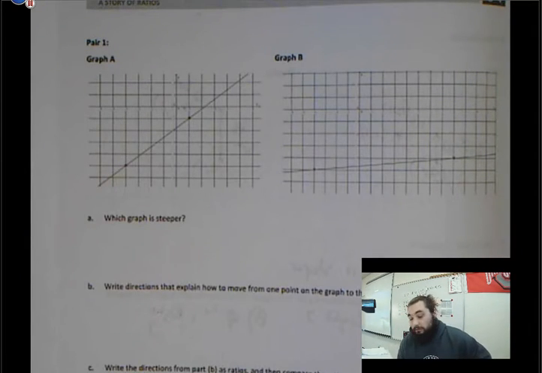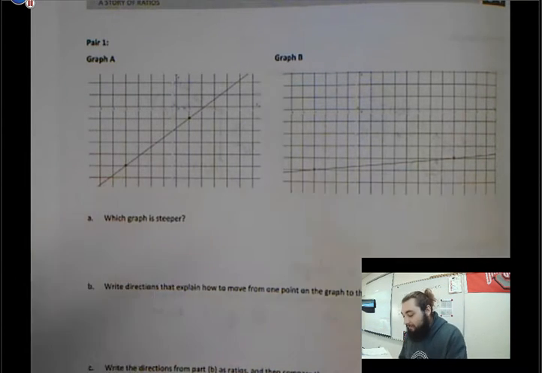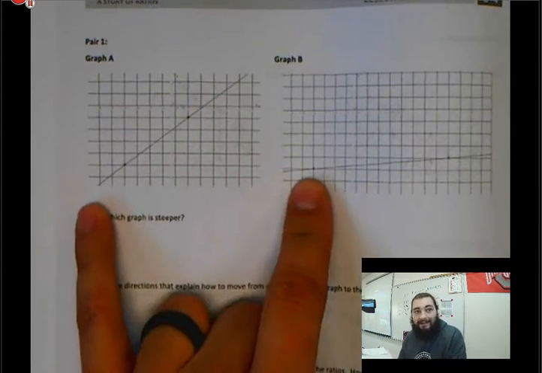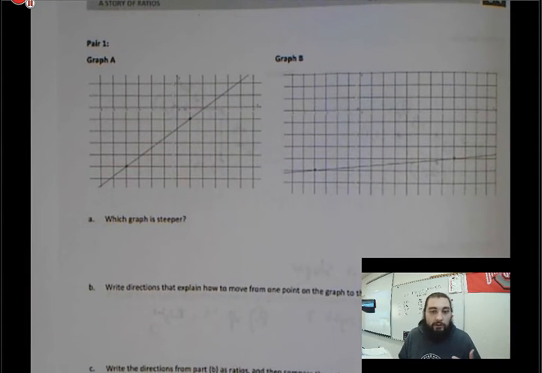And then making a couple of determinations, like which graph is steeper, how do you get from one point to the next, and what does that essentially mean? Asking about slope. We're going to find the slope of these two lines, and then compare them, see which one is obviously steeper than the other. These two, the evidence is pretty clear. And then we'll talk about what that means in terms of its equation.